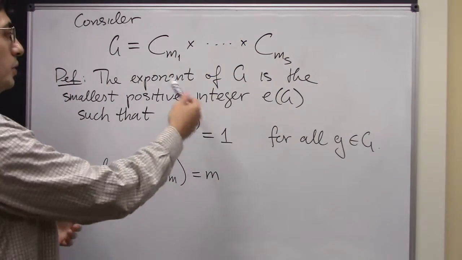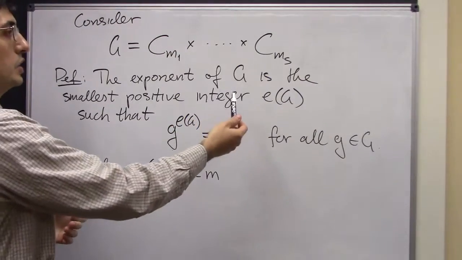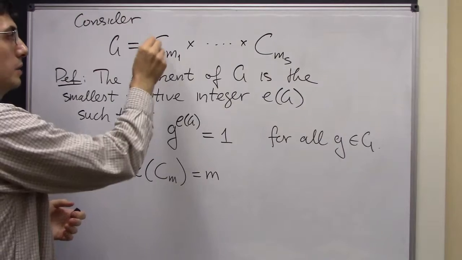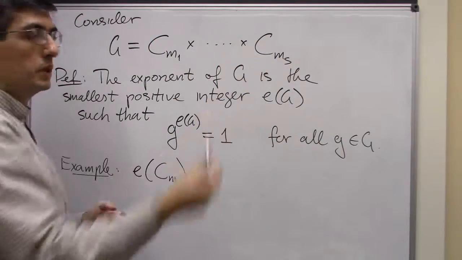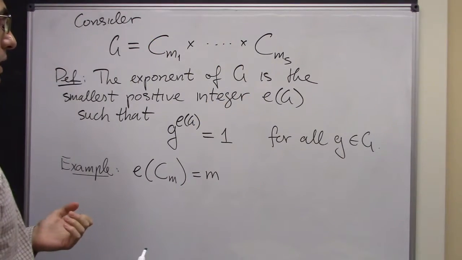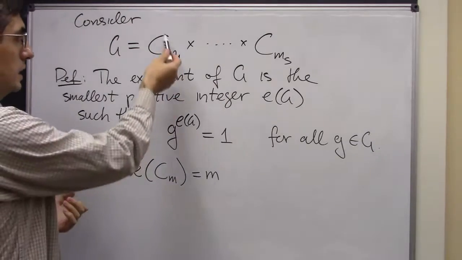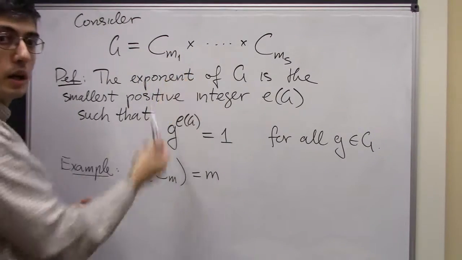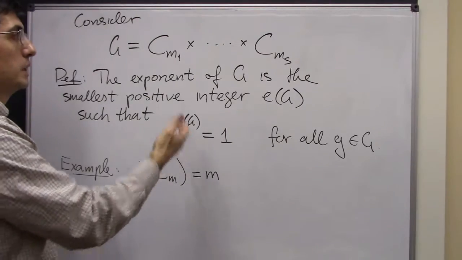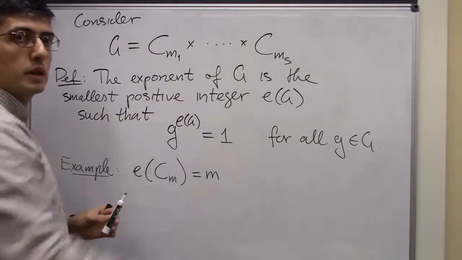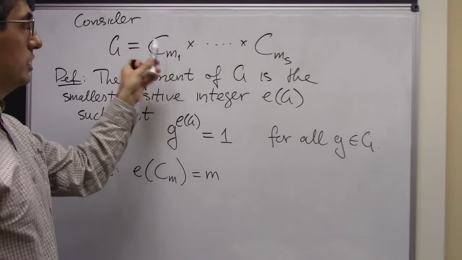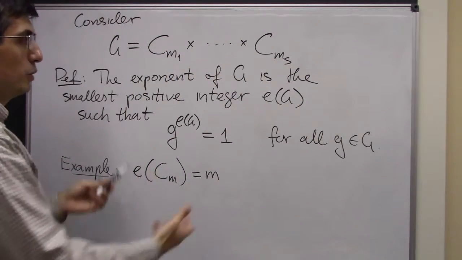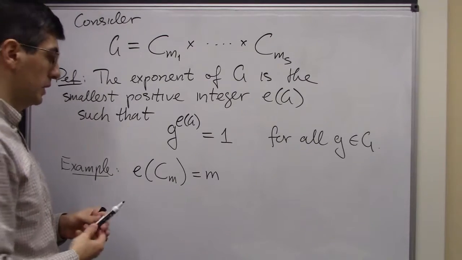If you think about what this number does, it's just the smallest number such that you can use it to kill every element in each cyclic group individually. But since the exponent of each factor is m_i, we need a number that is divisible by the exponents of each individual direct factor, and the smallest such number is the least common multiple.